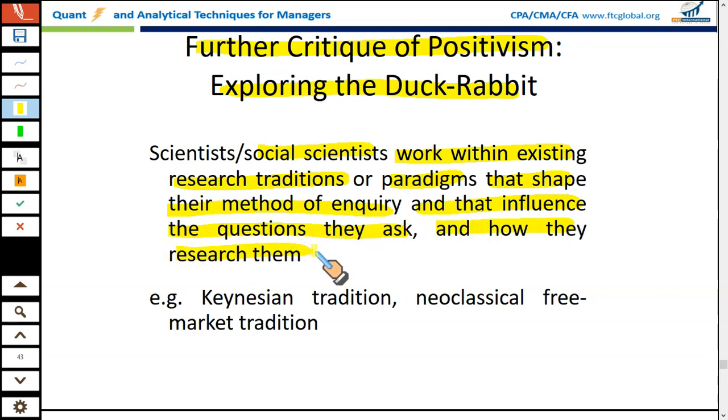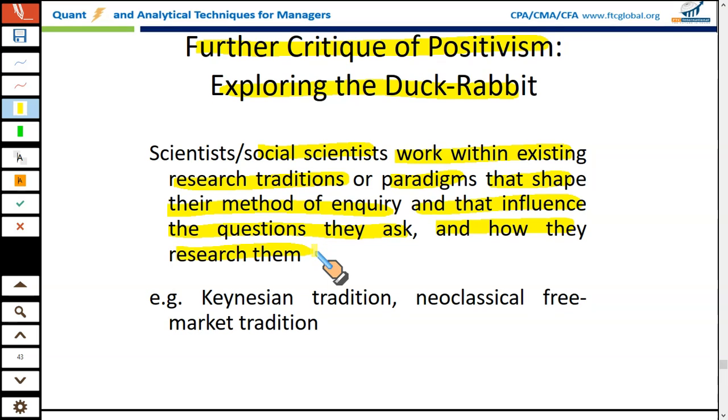Researchers work within a specific framework or set of beliefs, what we call paradigms. So these frameworks, these specific sets of beliefs, guide what they study, how they study it, and the types of questions they think are important to ask.